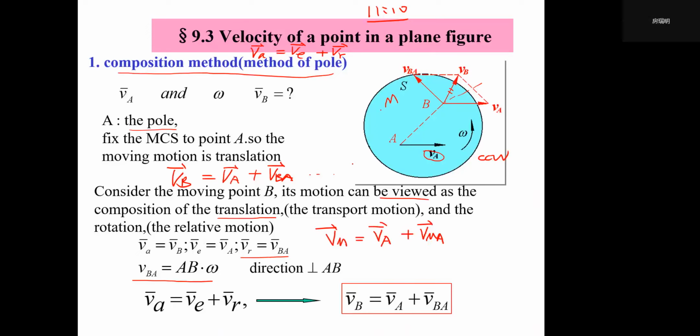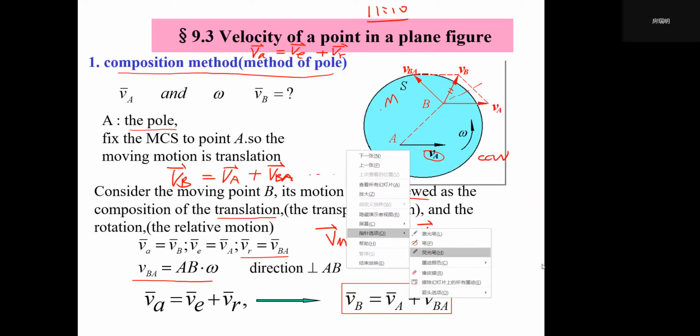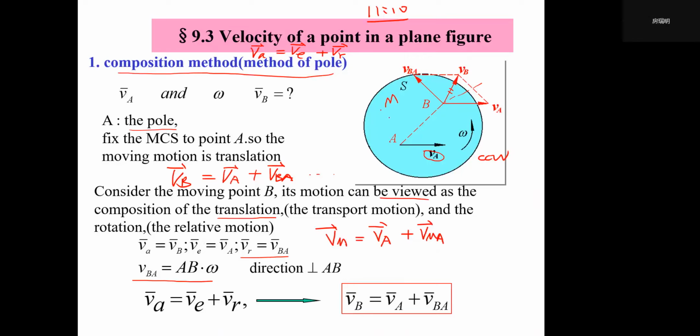So I can change to another color to show you. We always use the same method to get a similar result. First we can link MA. Actually this M is arbitrarily selected. I want to find the absolute direction and magnitude of VM. So first I can draw VA like this.